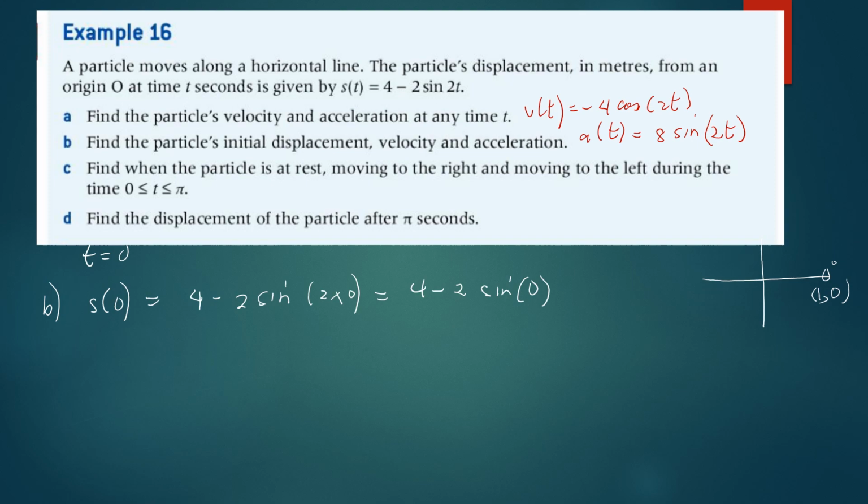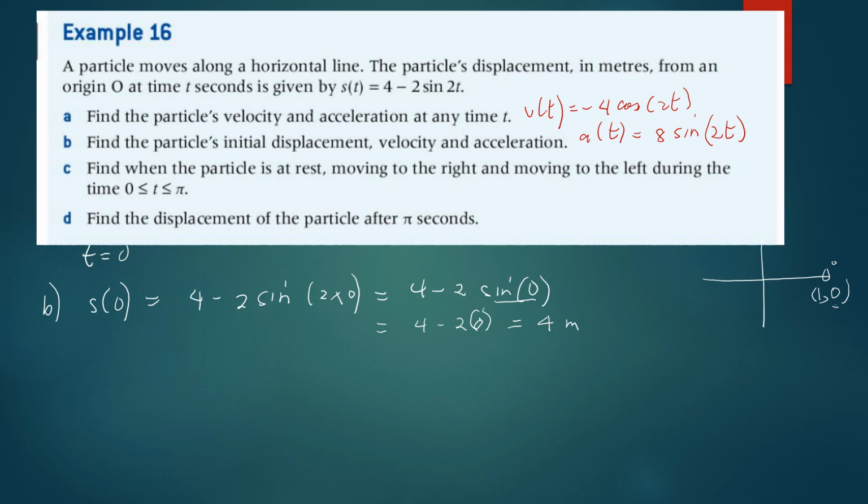So we can take that value, 4 minus 2, and sine 0 is 0. So the answer is equal to 4. Okay, so that's the displacement in meters.